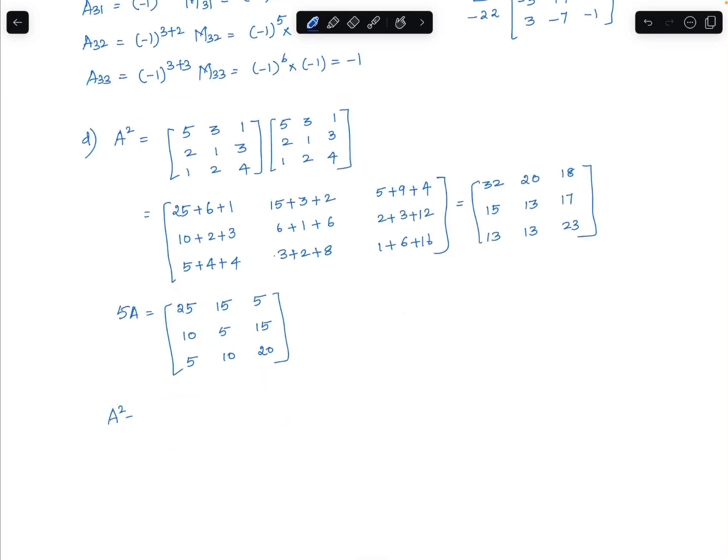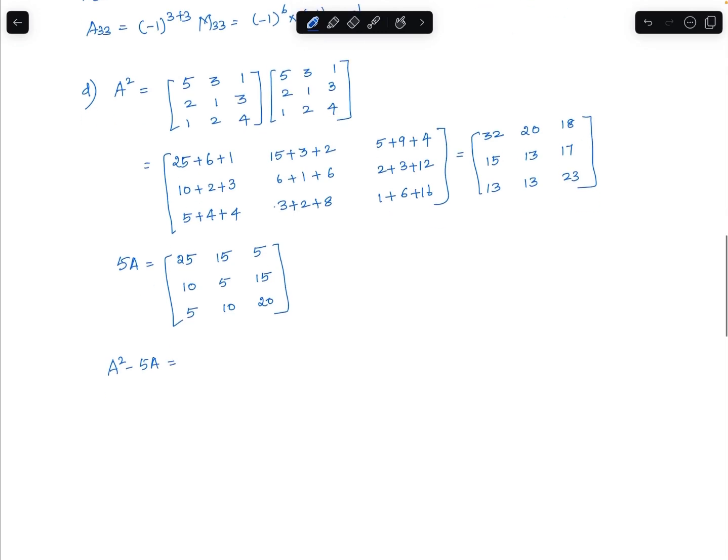A square minus 5A is 32 minus 25, which gives 7, 20 minus 15, which gives 5, 18 minus 5 is 13, 15 minus 10 is 5, 13 minus 5 is 8, 17 minus 15 is 2, 13 minus 5 is 8, 13 minus 10 is 3, 23 minus 20 is 3. So this is A square minus 5A.